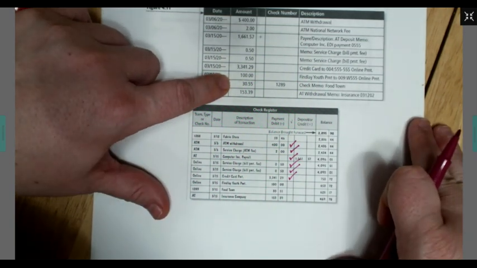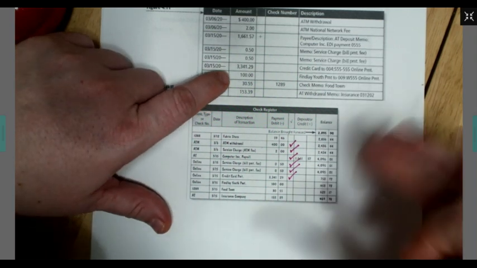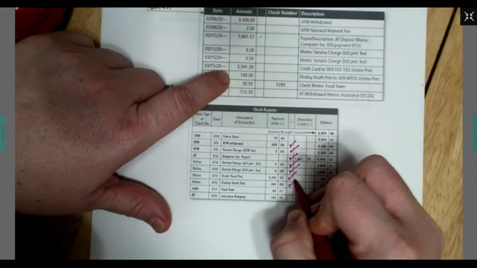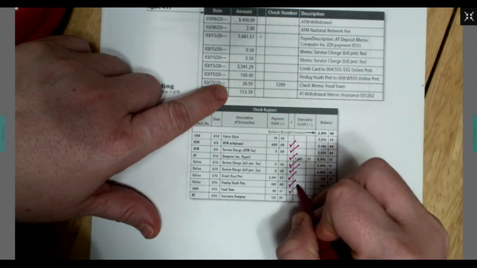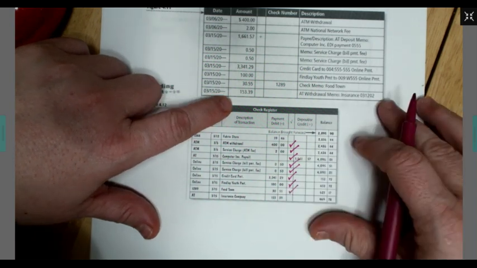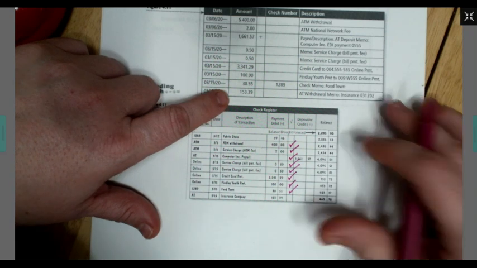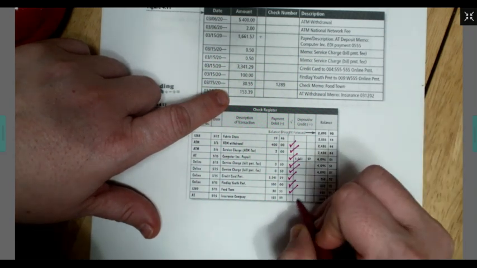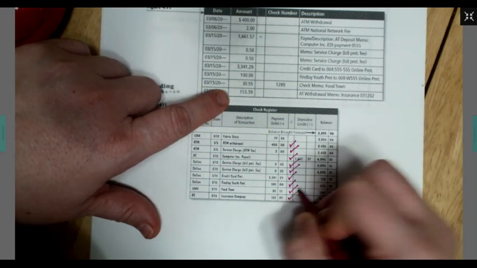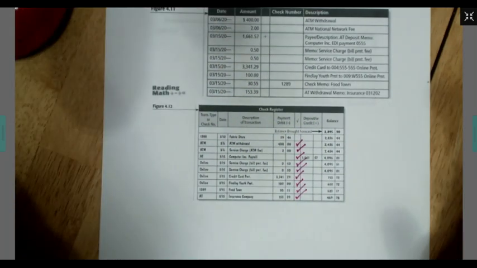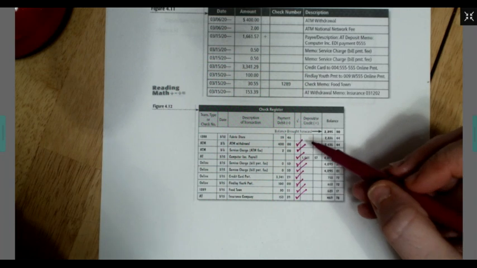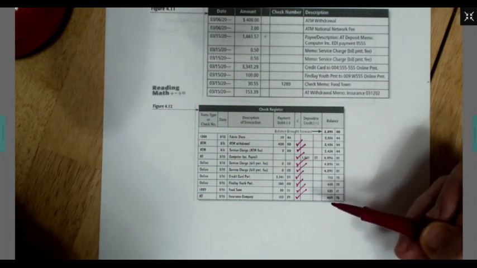I have another bill payment for $100. We have a check for $30.55. And I have a withdrawal for $153.39. So what we would do here is I see all these things have cleared the bank.